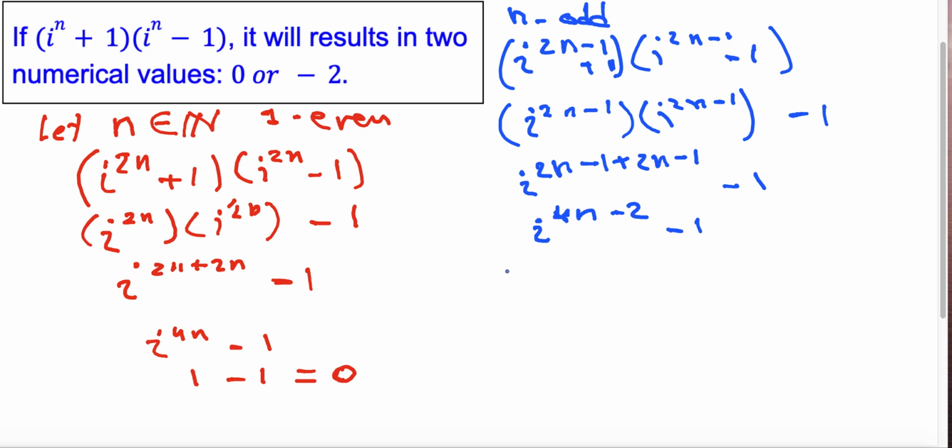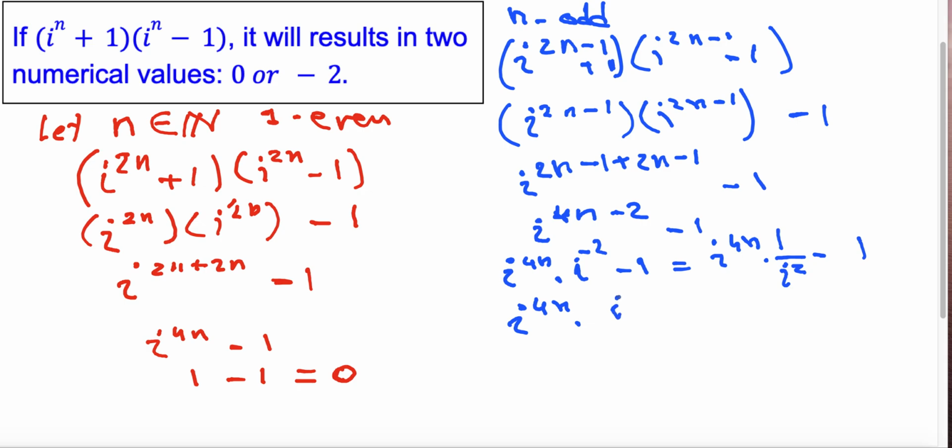And this I can write in this form, i^(4n) times i^(-2) and minus 1, which is going to be i^(4n), and this I'm going to make a positive exponent, i squared is a minus 1. But this i squared here, I can multiply top of this fraction and bottom of the fraction by i squared, and we get this form. i^(4n) times i squared over i^4 minus 1.